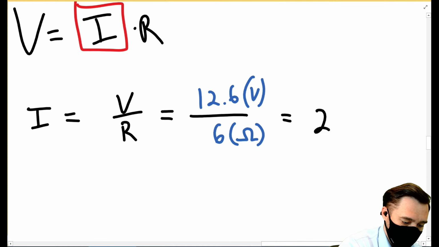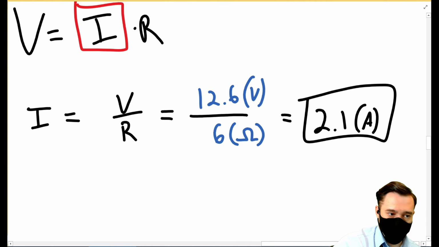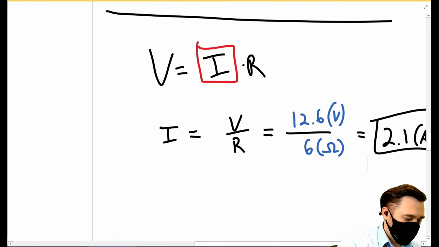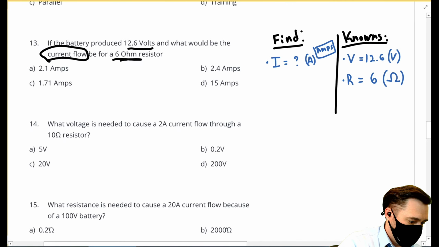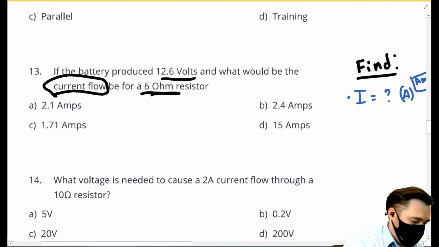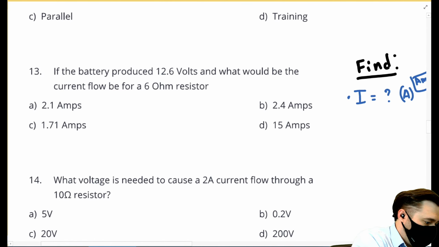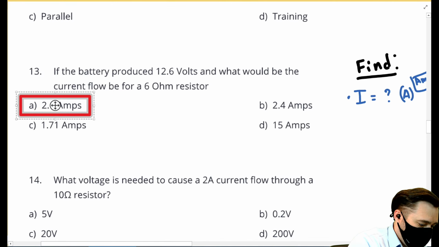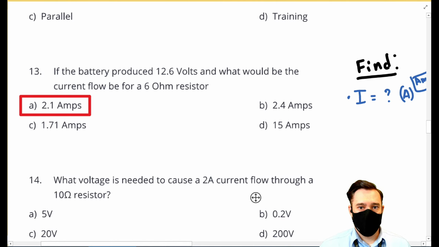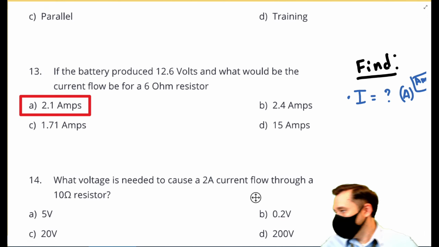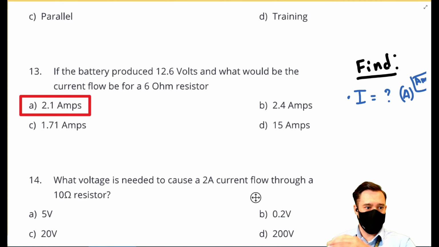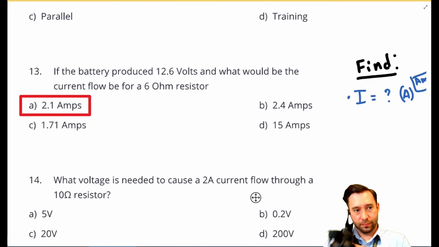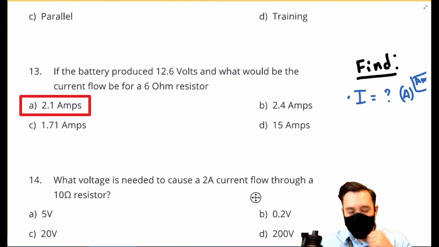Yeah, 2.1 amps. Pretty easy stuff. So I'll go back over to the problem. 2.1 amps is going to be letter A. Any questions so far? Is everybody tracking? Yes, I can.